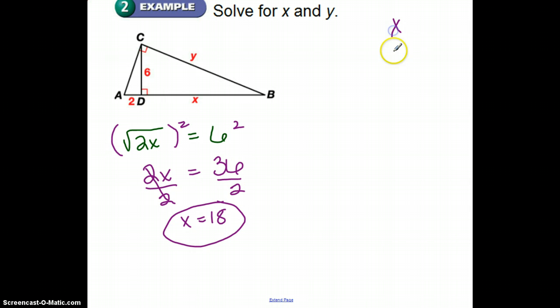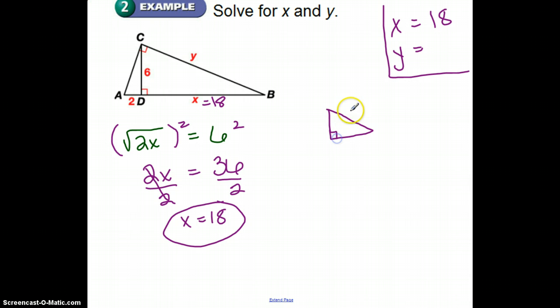So I have to find x and y, and I get x is 18 up here in my little answer key. So if this is 18, if I take the bigger of these two little pieces of triangles off, this is y, this is 6, and that's 18.